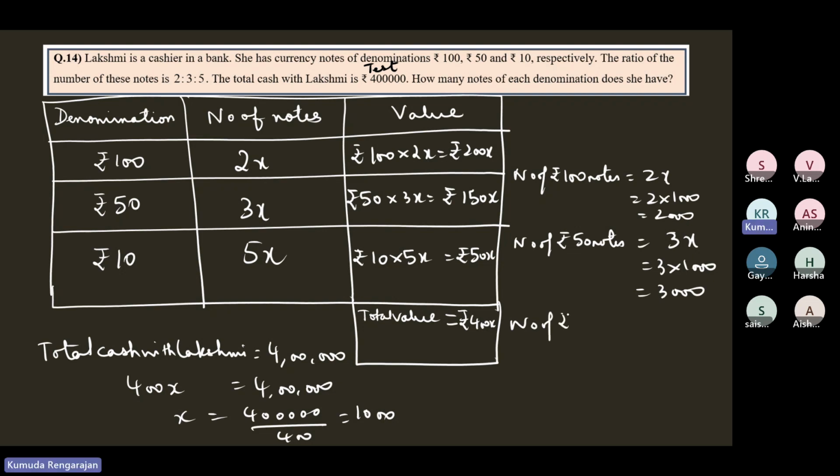Number of rupees 10 notes is equal to 5x, 5 into 1000, 5000. Very good. Got the same answer. I know that though Anantika was the first to finish, most of us would have got it right.